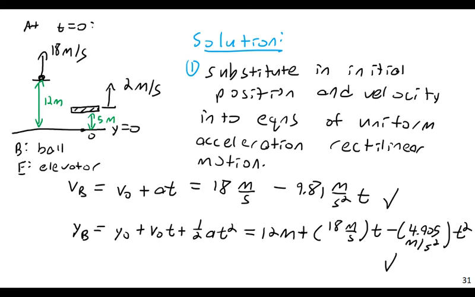So I'm ready for my next step. In step 2, I'm going to substitute the initial position and constant velocity of the elevator into the equations of uniform rectilinear motion.